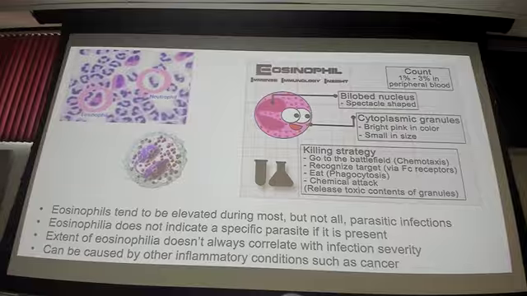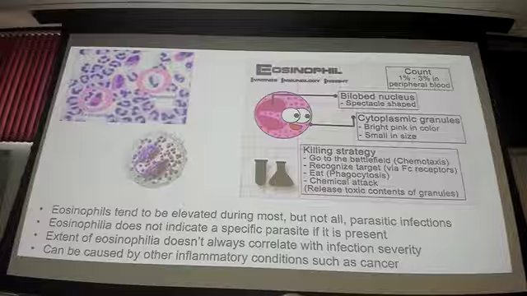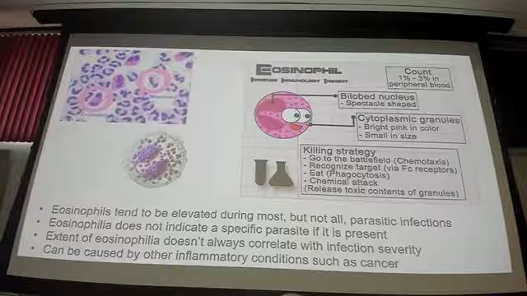A little bit more detail on eosinophils. This is more like a caveat slide, cautioning you on how to interpret eosinophilia, or high levels of eosinophils in the blood. A couple things, what they look like. We've talked about this a little bit in block 1: bilobed, with pink cytoplasmic granules, very pink in color when you do an eosin stain.